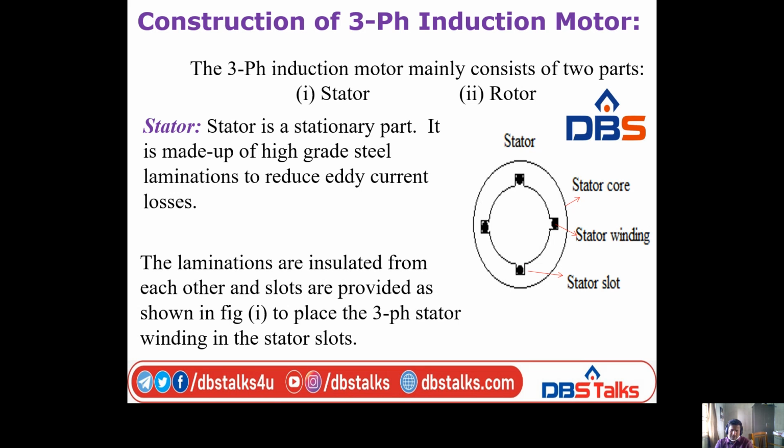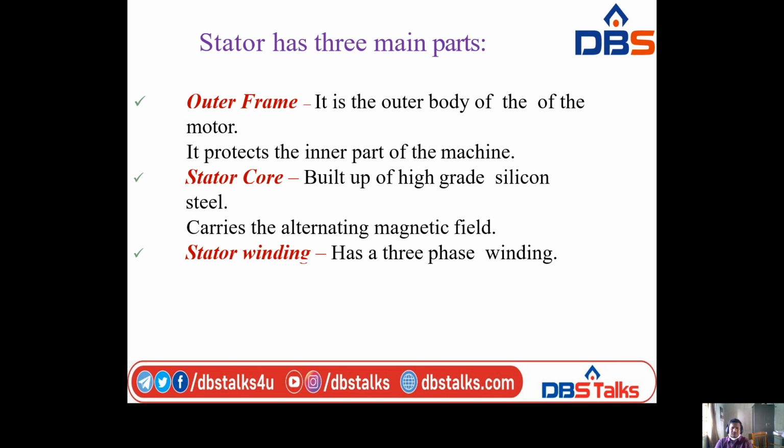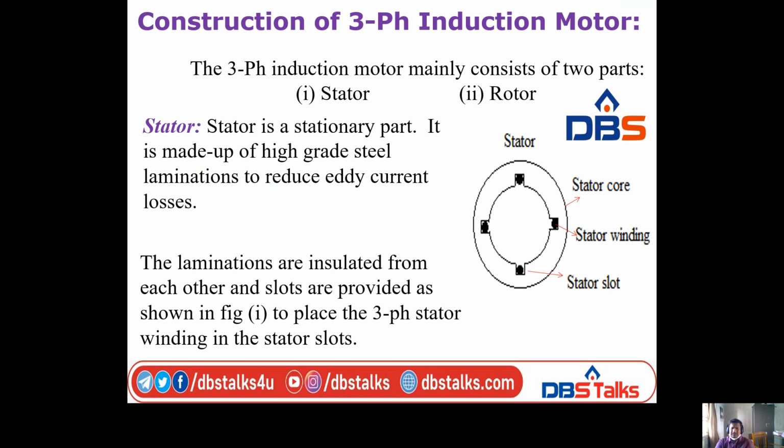Look at the figure. This is the stator core, this is the stator winding, and this is the outer frame. Now, to place the three-phase stator winding, there are slots in the stator. The stator has three main parts: outer frame, stator core, and stator winding. This is the outer frame, this is the stator core, this is the stator winding, and this is the stator slot.